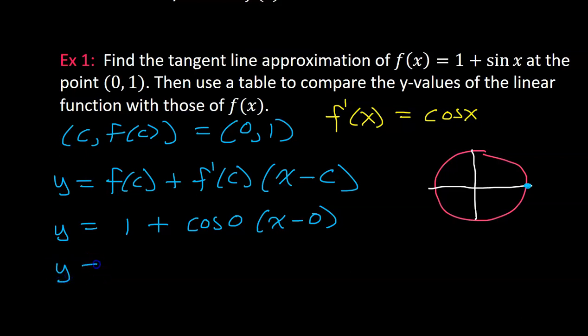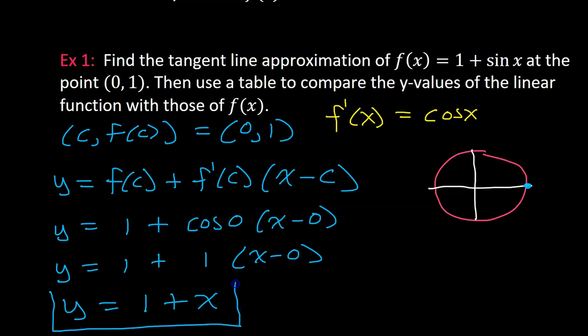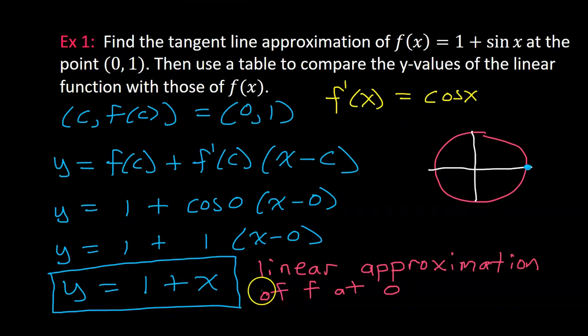So we're going to have y equals 1 plus 1 times x minus 0. But that's just going to be y equals 1 plus x. So this is the equation of the tangent line at the point (0, 1), or we could call this the linear approximation of f at 0. Remember, 0 is the point of tangency.